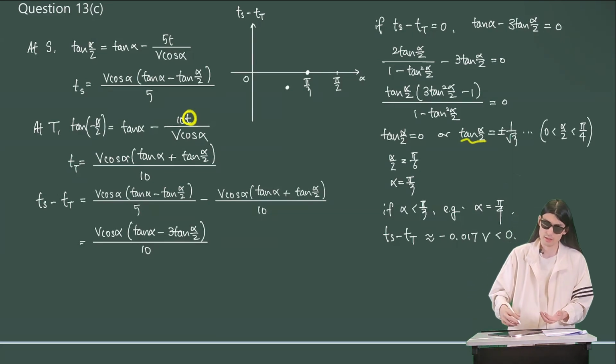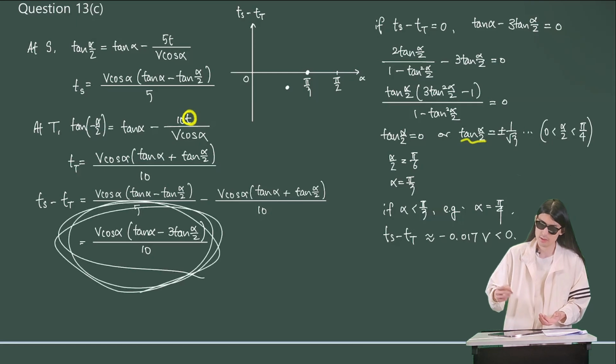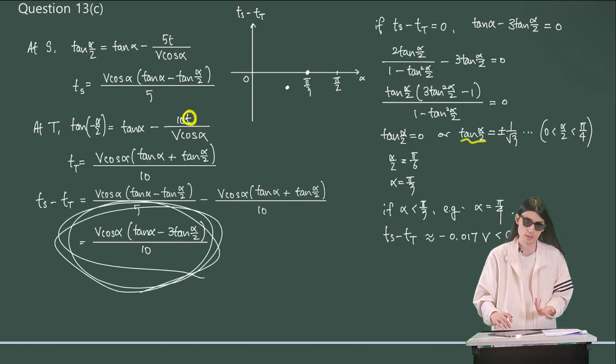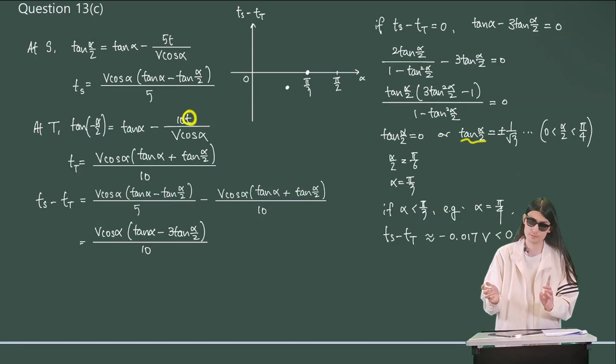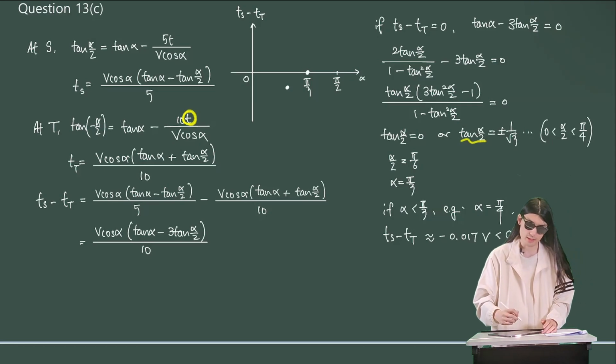But because, again, this is a continuous function in the interval of alpha between 0 and 90, that has its only 0 at pi on 3, then if alpha is less than pi on 3, no matter what the graph looks like, we don't exactly know what the graph looks like, and we don't care what the graph looks like for this function.